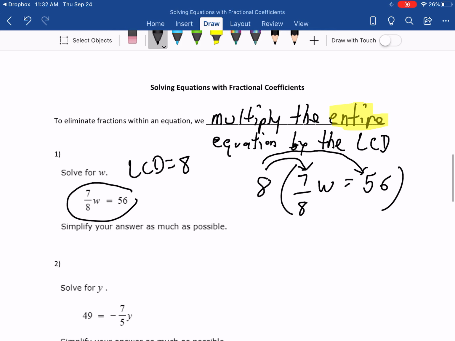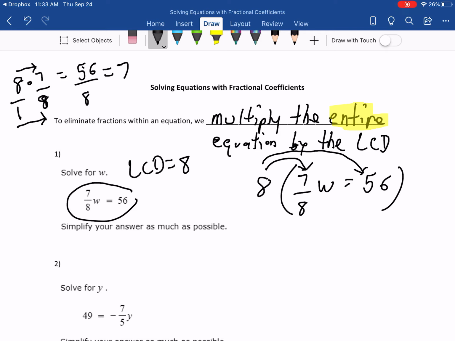So, review of multiplying fractions and whole numbers. I'm going to do this up here. 8 times 7 over 8. 2 ways to do it. First way, you can turn the 8 into a fraction, put it over 1, then we multiply numerator, numerator, denominator, denominator. So that's 8 times 7, 56 over 8, and 56 divided by 8 is 7.